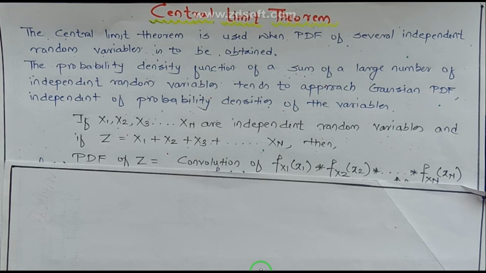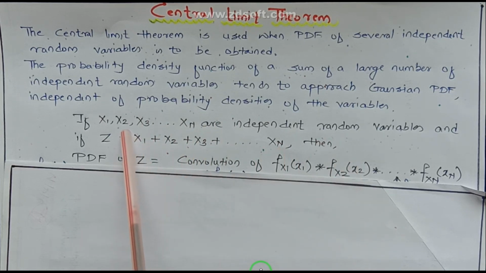Now suppose there are a large number of independent random variables x1, x2, x3 up to xn. Then we take another variable z, which is equal to x1 plus x2 plus x3 plus x4 up to xn.